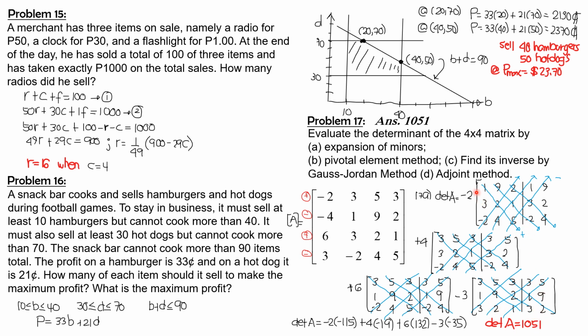So the minor of -2, by manual method, is 1 times 2 times 5, or 10, minus 18 plus 24, then minus quantity -8, plus 4, then plus 5 times 3 times 9, in that direction, close.